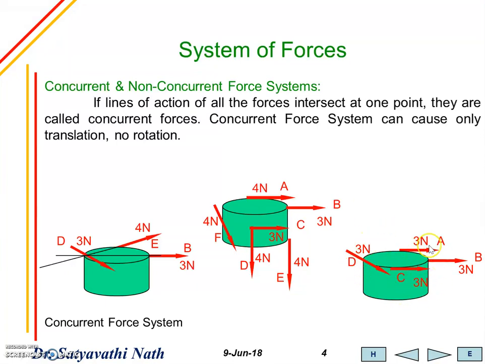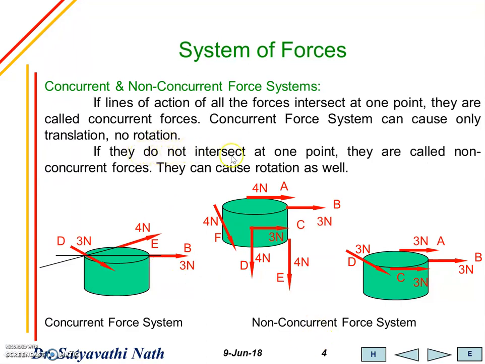Even in this example also, some forces are parallel and one force is inclined like this, so even though they are coplanar forces, they are not concurrent forces. Here they are coplanar and concurrent also, because all the forces are acting on top of the surface. Here they are coplanar but not concurrent. Here the forces are non-coplanar and non-concurrent.